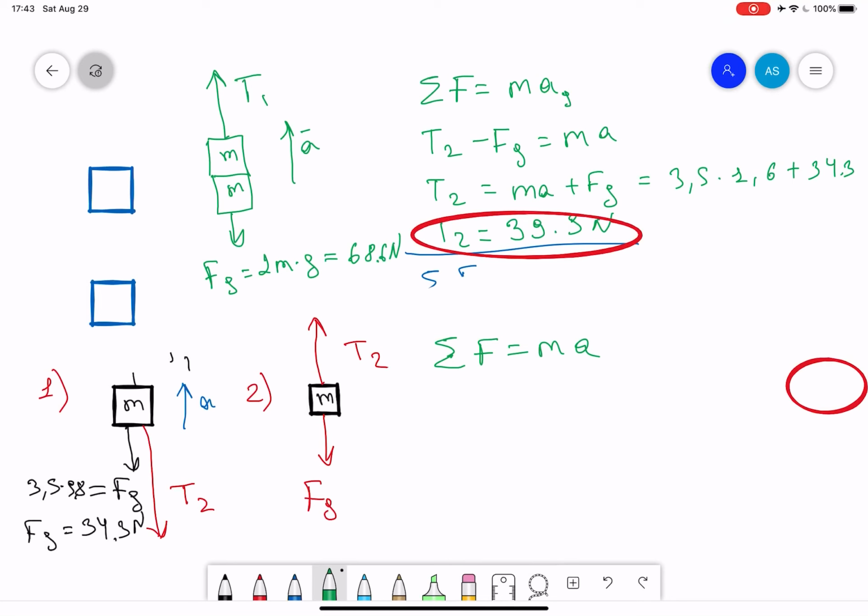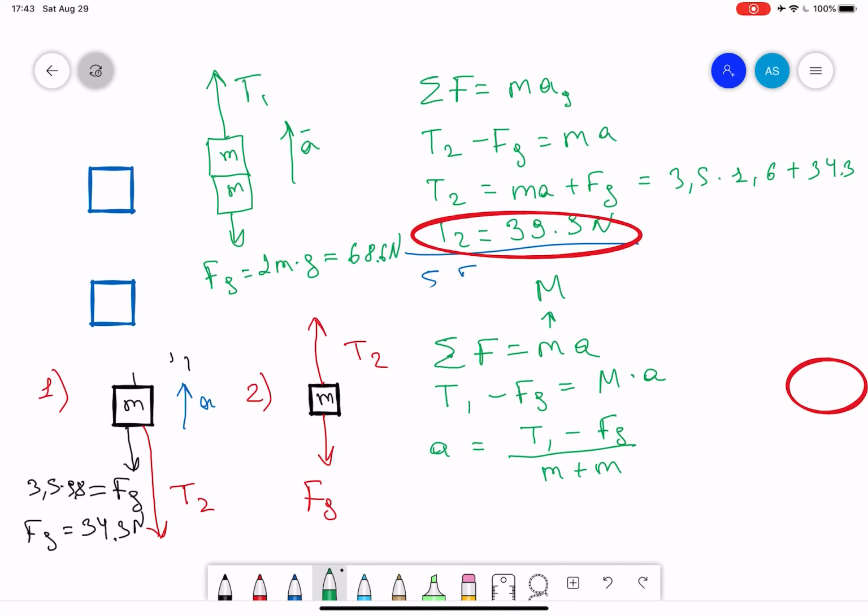You have to keep in mind that this M is actually the total mass, so I define it as a capital M. In this case, the sum of the forces is equal to tension 1 minus the weight of the whole boxes, which is equal to the total mass of the two boxes multiplied by the acceleration. Here we have to find the acceleration. So the acceleration is equal to tension 1 minus Fg, which is the Fg of the two boxes, divided by the total mass, which is m plus m.